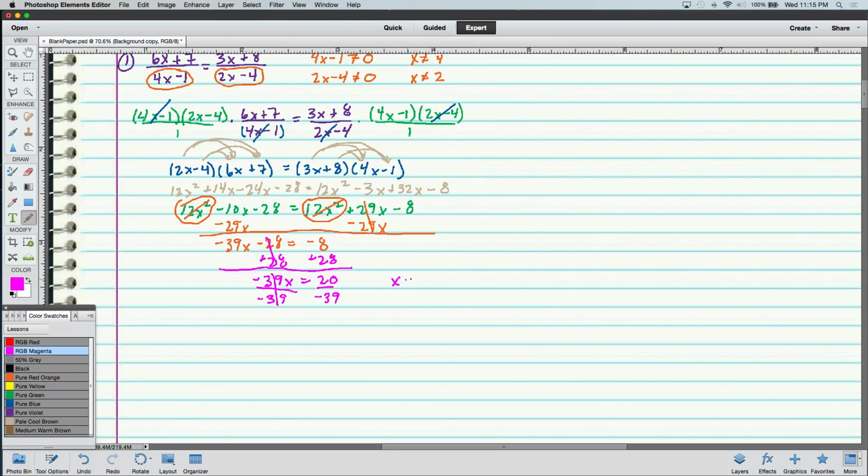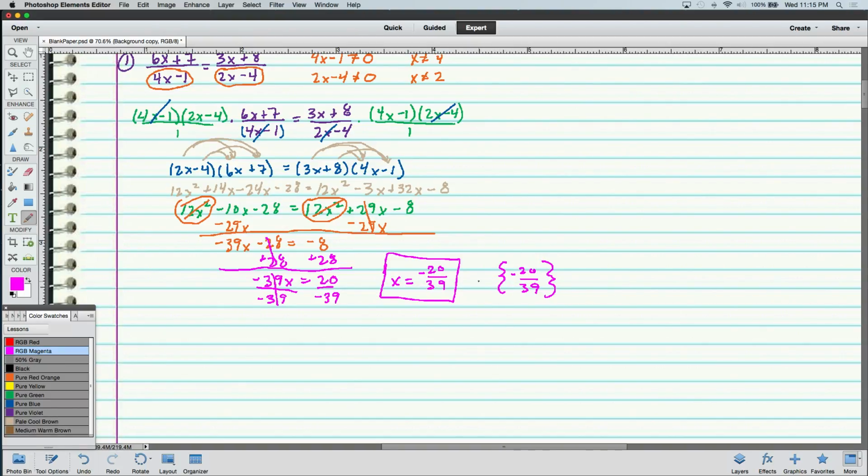And we're left with x equals negative 20 over 39. Again, if you want to write it with solution set notation, so our answer, negative 20 divided by 39.